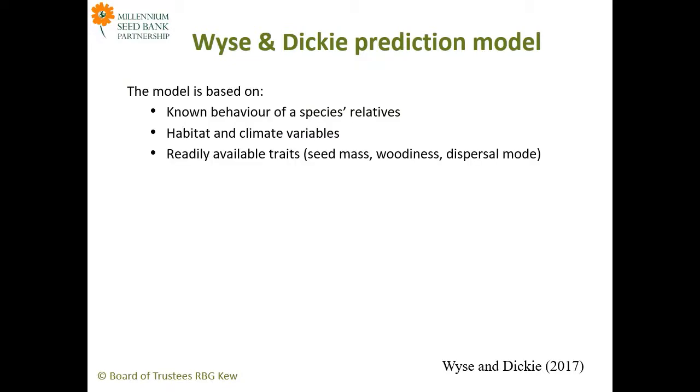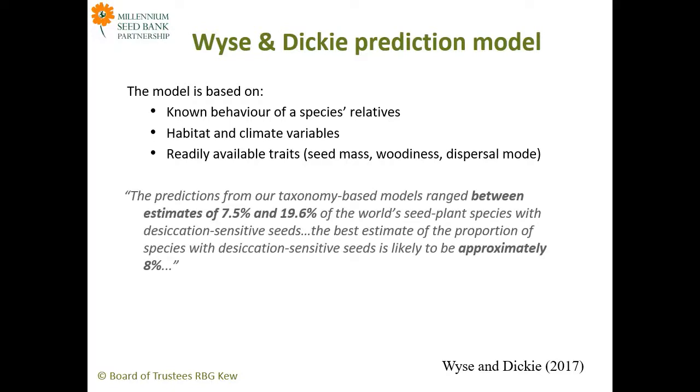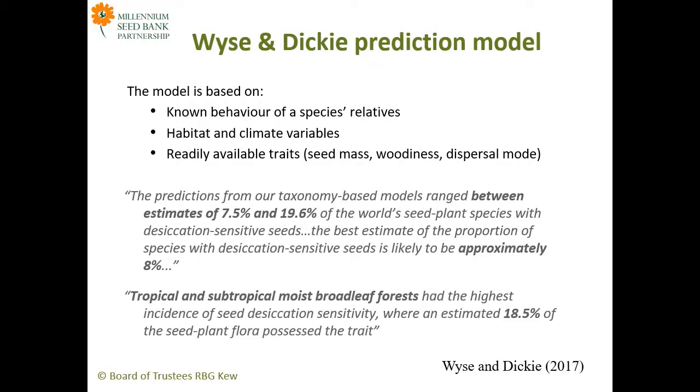They incorporated the known behavior of the target species' closest relatives, where it comes from, so its habitat and climate variables, and any of its specific traits, for example, woodiness or dispersal modes. Based on their model, they predicted that 8% of species globally are recalcitrant. But when we go into the tropics, their estimate actually jumps to 18.5%.